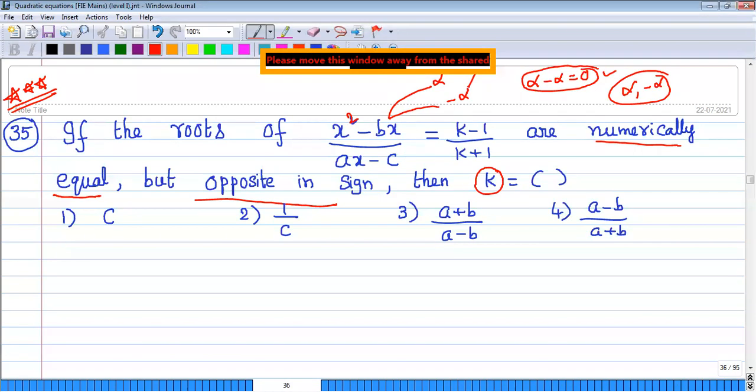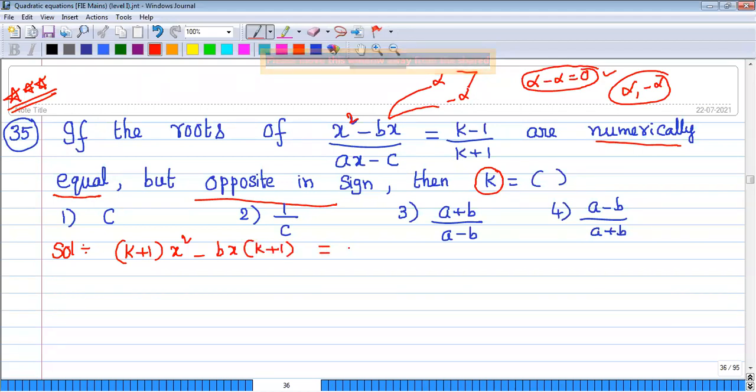So now let us proceed. Cross multiplication, we get k plus 1 times x square minus bx times k plus 1 equals to k minus 1 times ax minus c times k minus 1.